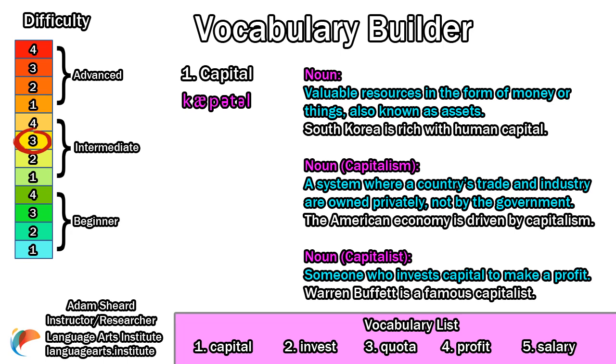Capital is also part of the word capitalism, which is a system where a country's trade and industry are owned privately, not by the government. So for example, the American economy is driven by capitalism. As a noun, we also have capitalist, which is someone who invests capital to make a profit. So for example, Warren Buffett is a famous capitalist.